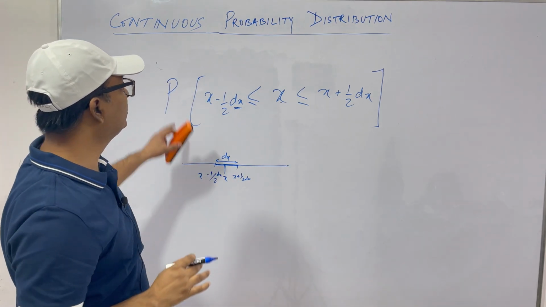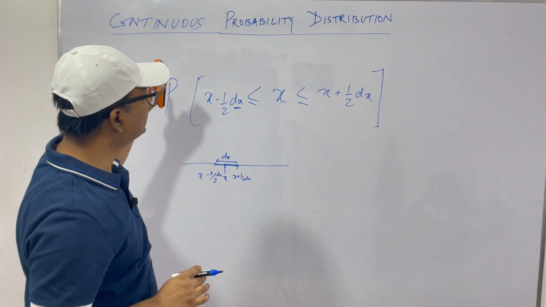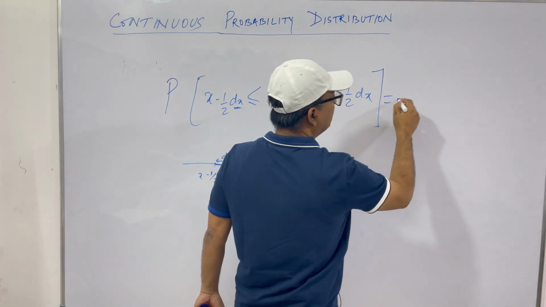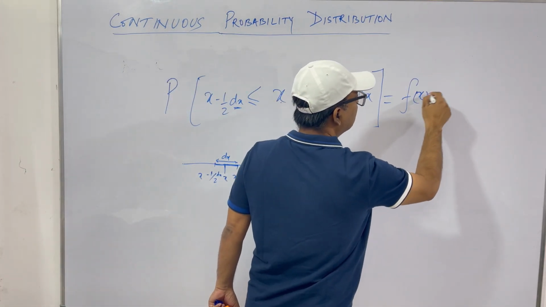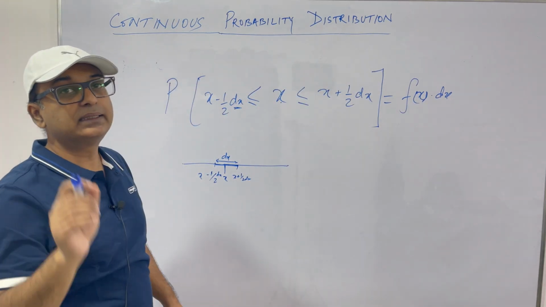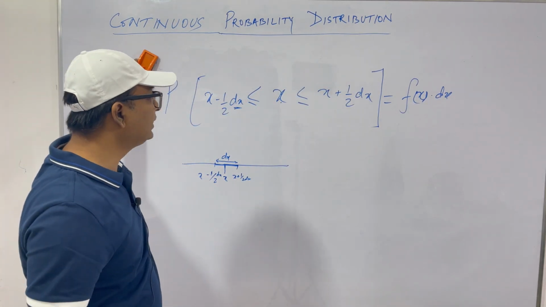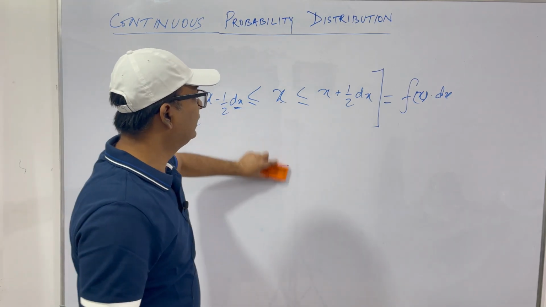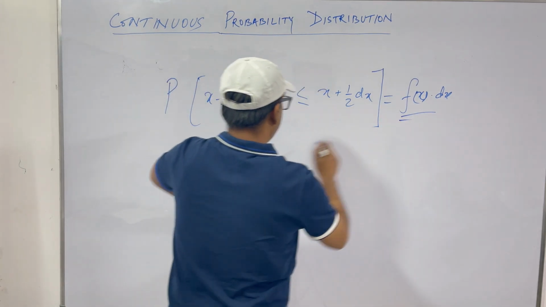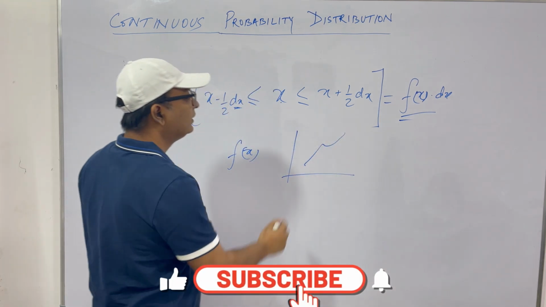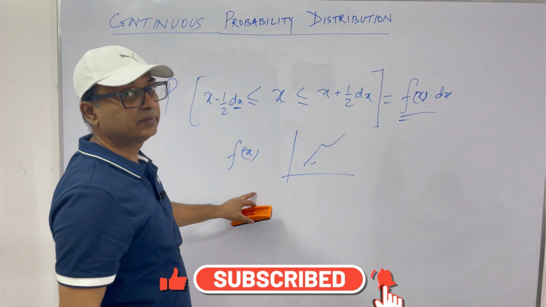This is the definition of probability distribution for a continuous variate, given as f(x) dx, where f(x) is called the probability density function. Since we have f(x), we have a curve, which is called the probability curve.